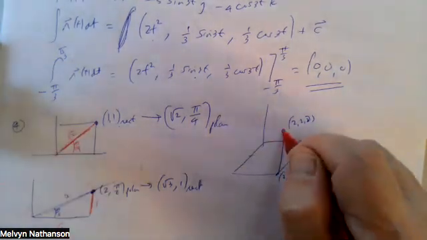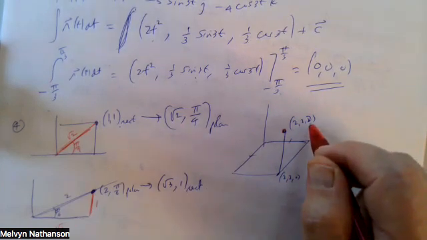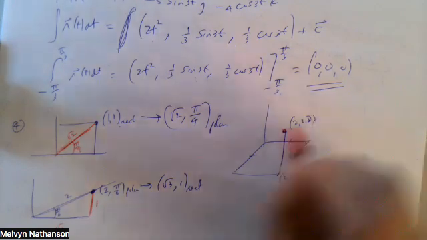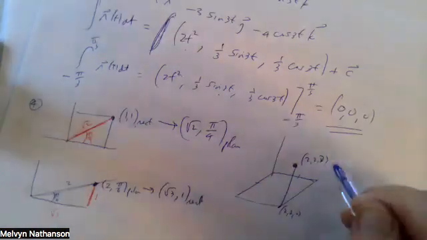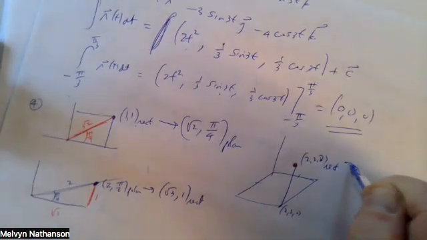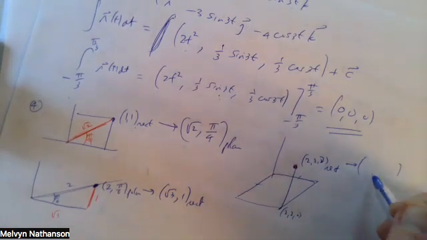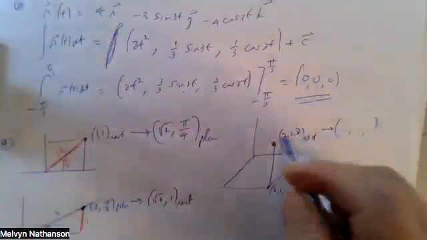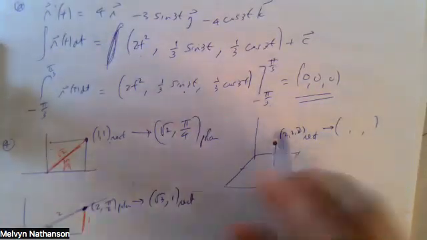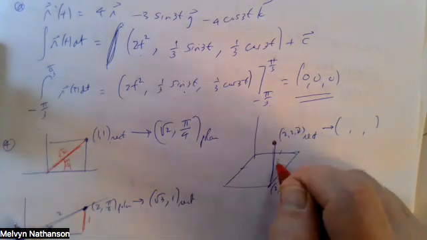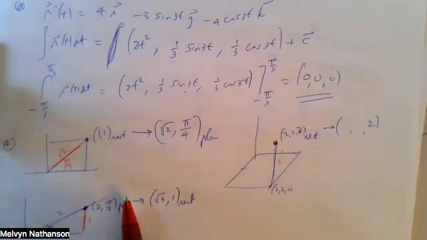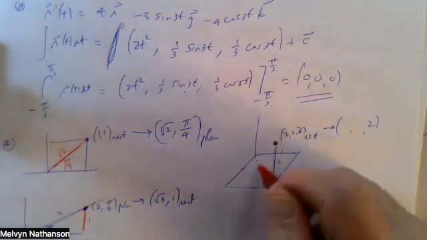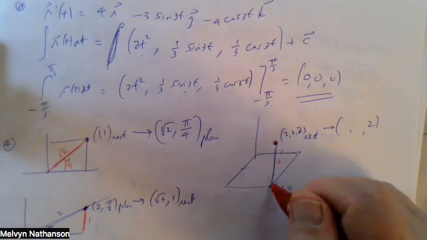So here you have this point in rectangular coordinates, and when you change it to cylindrical coordinates, the third coordinate is just the same as the z coordinate. It's the height above the xy-plane. That's 2.